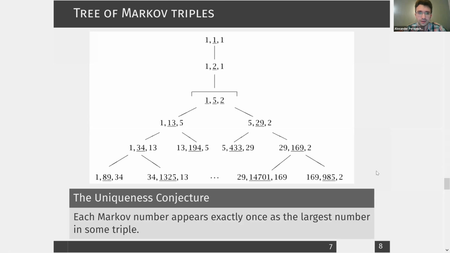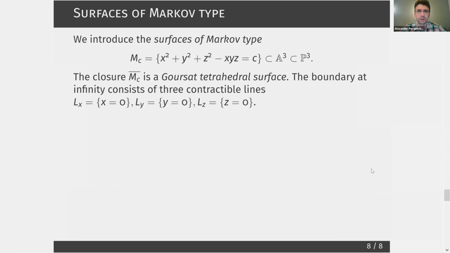It's essentially the uniqueness conjecture, and it stands open till now. So what can we do here with the Markov numbers?